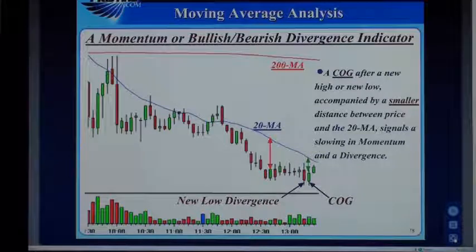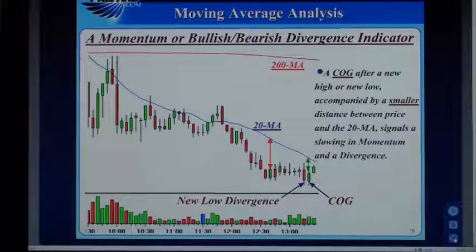Another way of visually noting divergences would be to take note of the distance between prior lows in a downtrend and new lows. As the lows get closer together, the momentum is slowing. We can do this analysis even without the moving averages, but it helps speed up the analysis for us. That's why we call them visual aids.